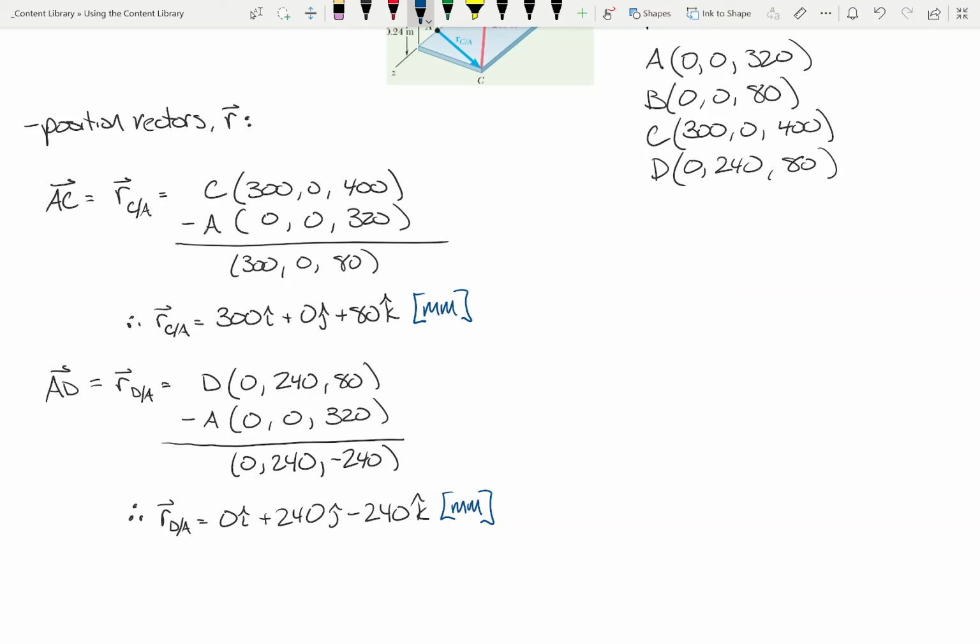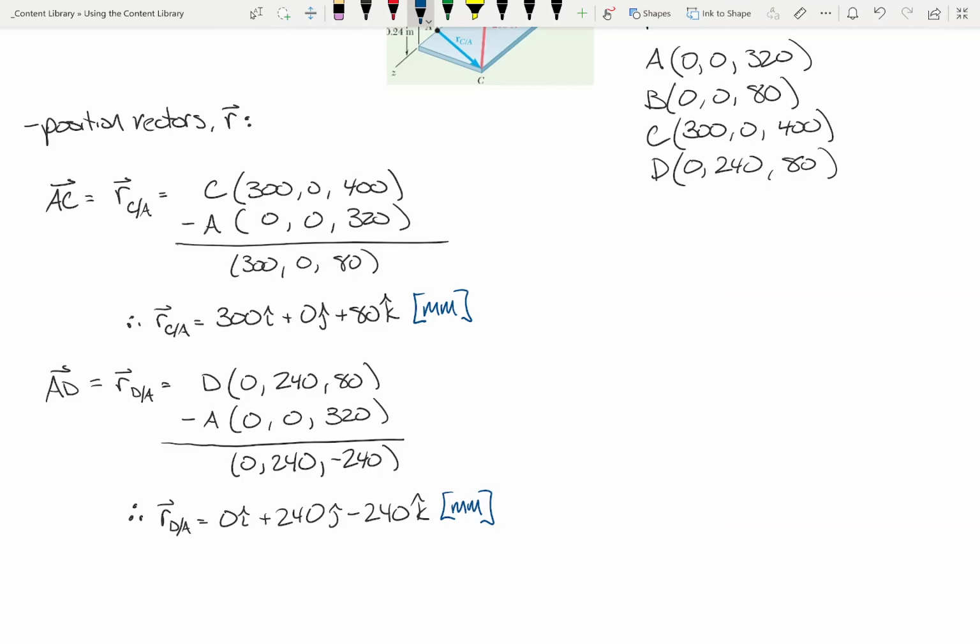So this is 300 millimeters plus 0 millimeters, 80 millimeters. Instead of writing the units on every term, I'll just stick it over here on the outside. Does that make sense? So the idea behind these is that I'm going to take one of them cross with our force vector and take the other one cross with our force vector, and I'll get the same answer, okay? So speaking of, let's do that force vector.